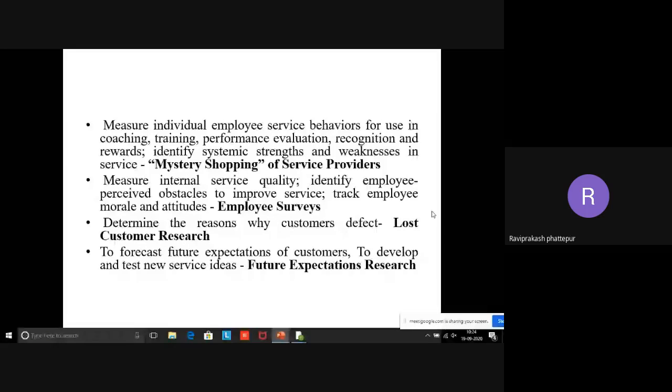Next is to forecast future expectations of customers, and to develop and test new service ideas, which comes under future expectations research. So what is this? If you are trying to come up with something new in the market, you go and ask for the expectations or perceptions about the new service. If this particular company comes up with this service, what are your expectations?